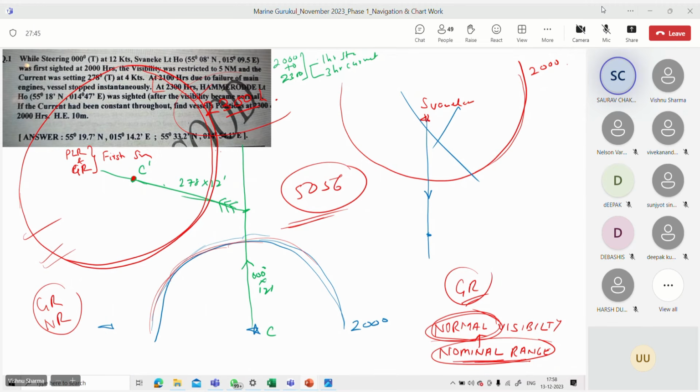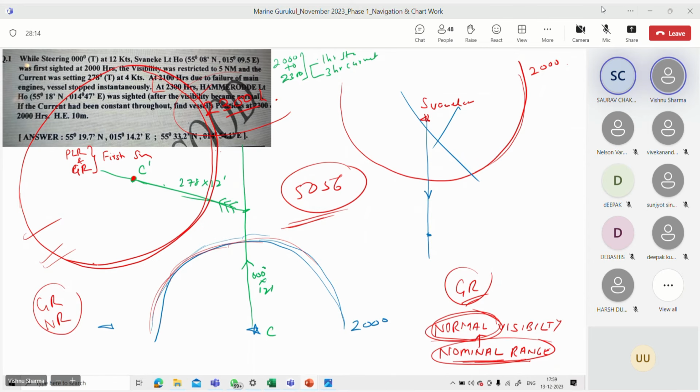We have to draw it from the hammer rod, sir, correct? Or from C dash? Where, sir, will you draw it from? From the hammer rod, no? Because 2300 was first cited. So the PC should be 2300 from the hammer rod. This red one is the transferred PC, bhai.